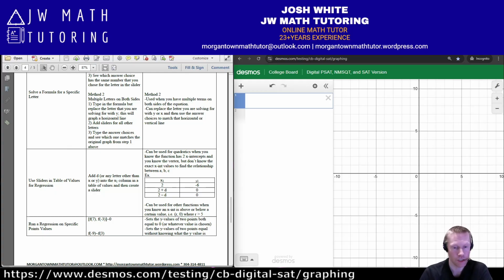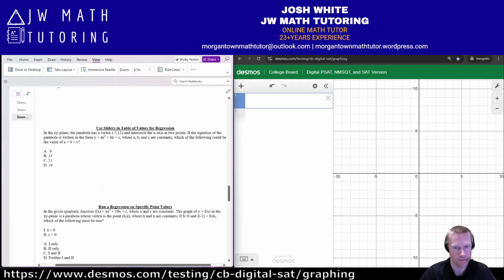You're going to move that slider and look at what that does to the regression that you run. What does that do to the A or B or C values in your regression? So let's look at an example problem so I give you a better idea of what I'm talking about.